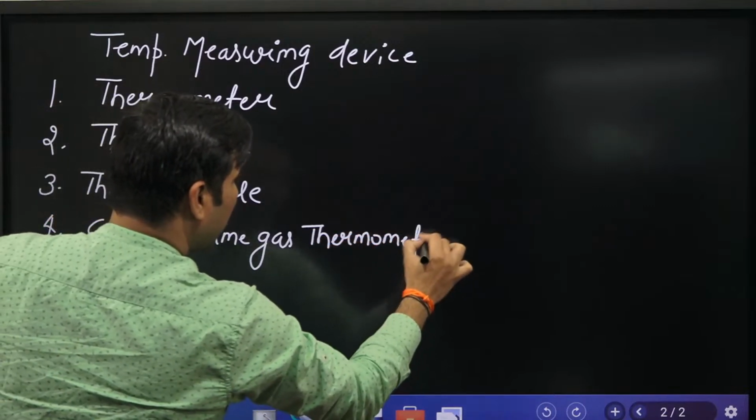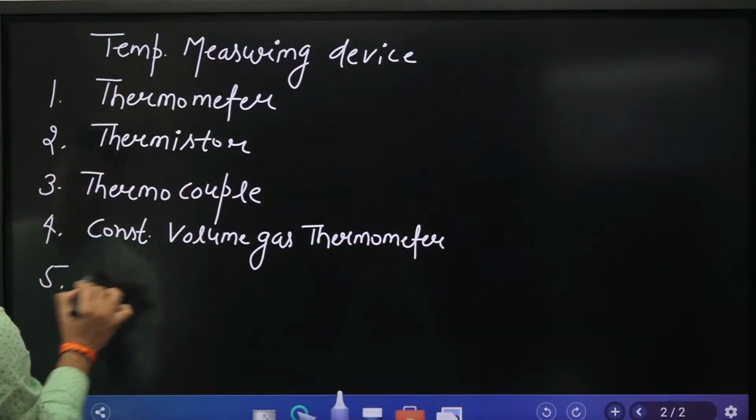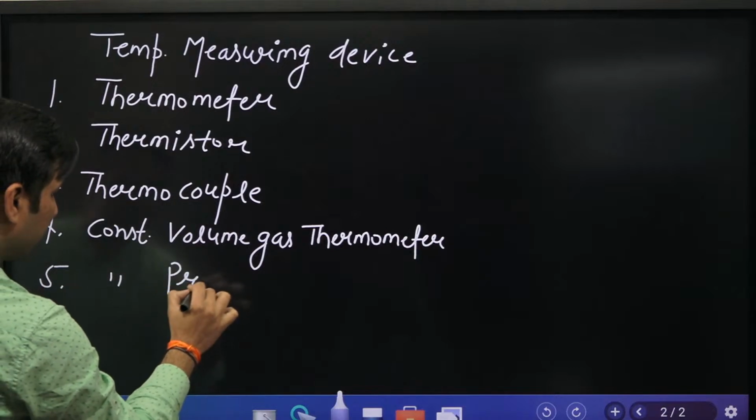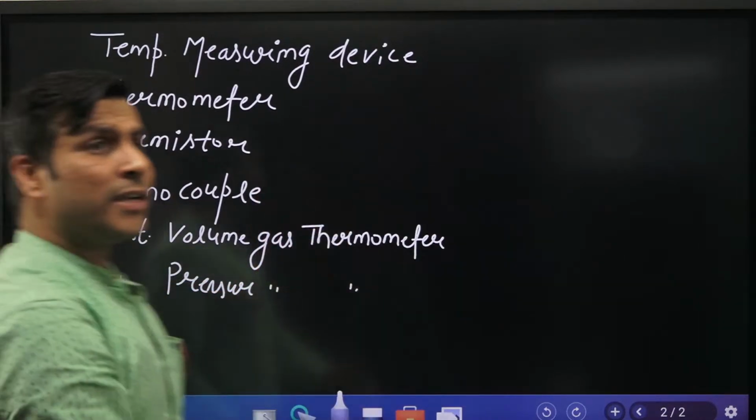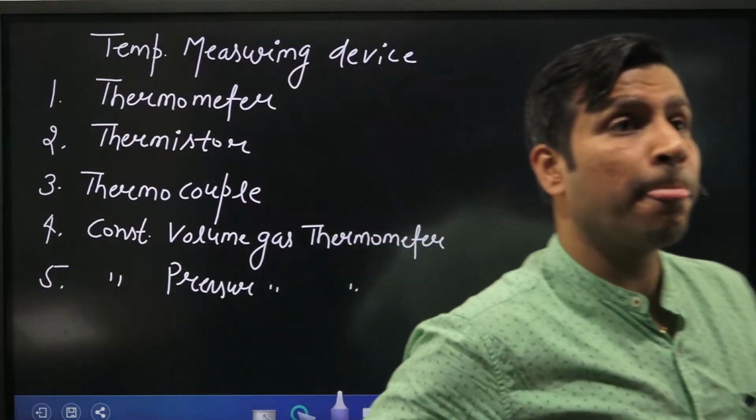Similarly, there is a constant pressure gas thermometer also. So these are the different types of thermometers which we have.